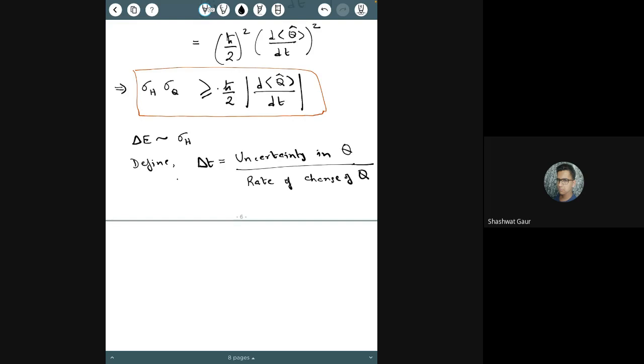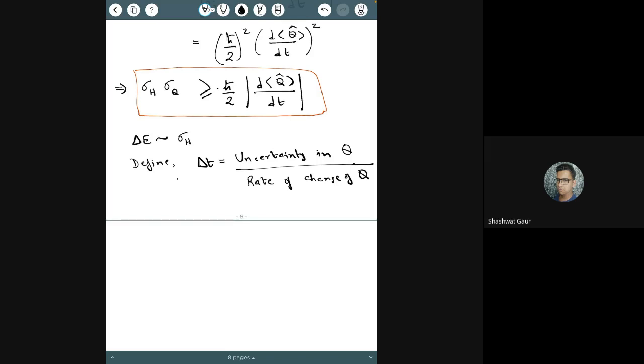And to figure out how it is changing, we have to measure some properties. So delta t, if you remember before, you called it the lifetime of a state, right? So if you're talking about the lifetime, if it's a stationary state, the lifetime is infinity.